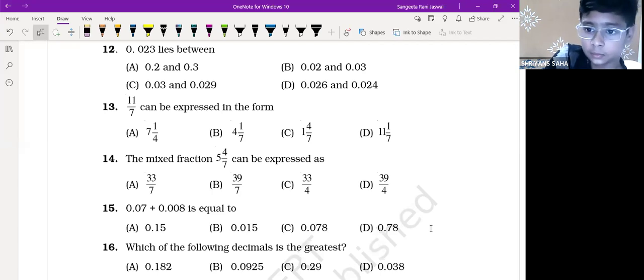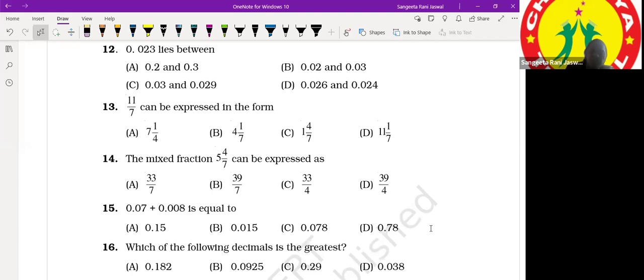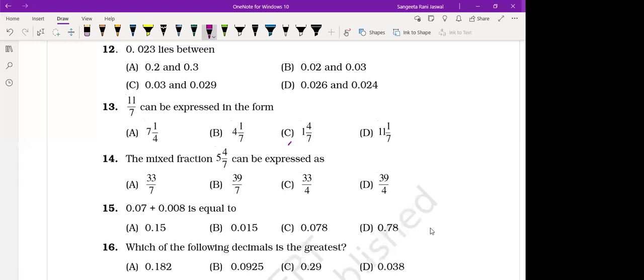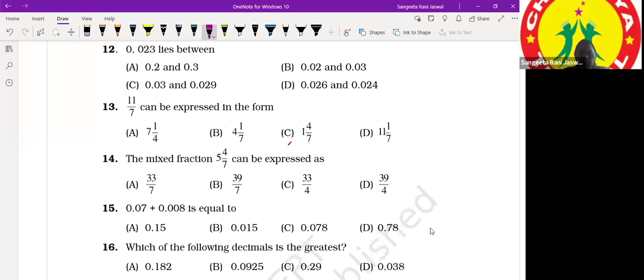Which option? C. Okay, C option. Okay, next Neha will tell me the mixed fraction of this. How will you express it, Neha? 39/7. B option.